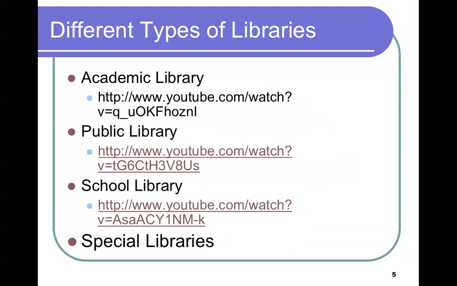Different types of libraries. In the classroom, I plan to show these three YouTube clips. There are many videos on YouTube, and these three are particularly chosen. The first one is a seminar that took place at UC Berkeley several years ago, when they started the conference about academic libraries.